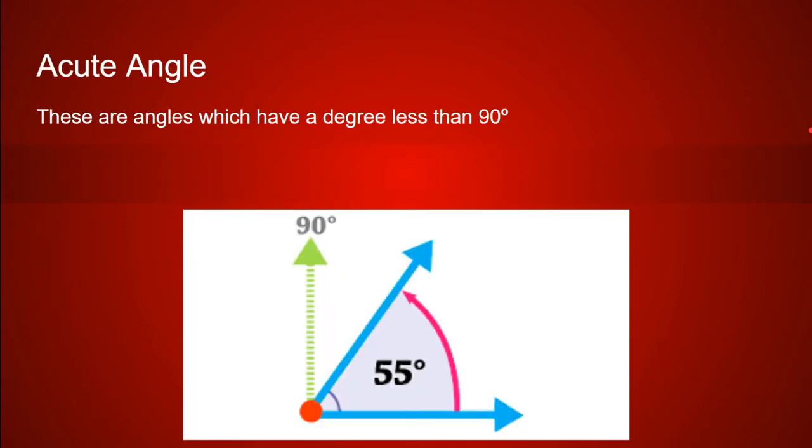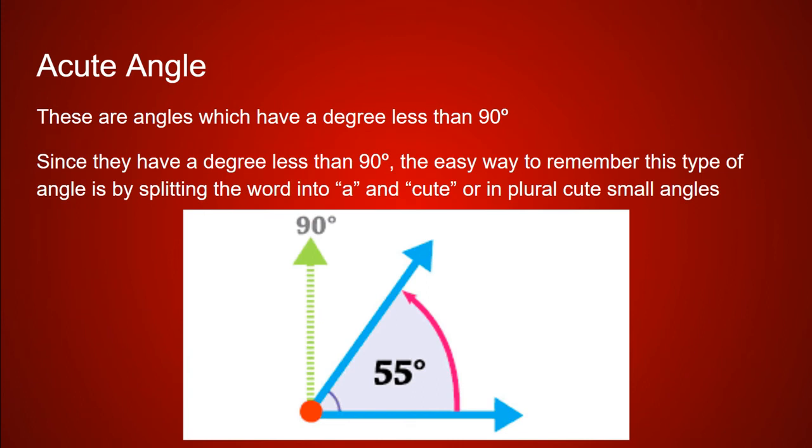Acute angles. These are angles which have a degree less than 90 degrees. Do you notice anything familiar in the word? I see here the word cube. Since they have a degree that's less than 90 degrees, you can separate the word into A and cute.